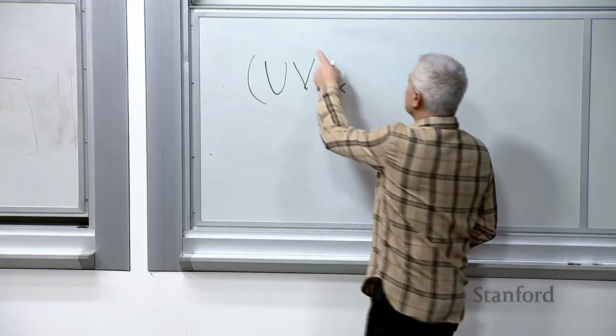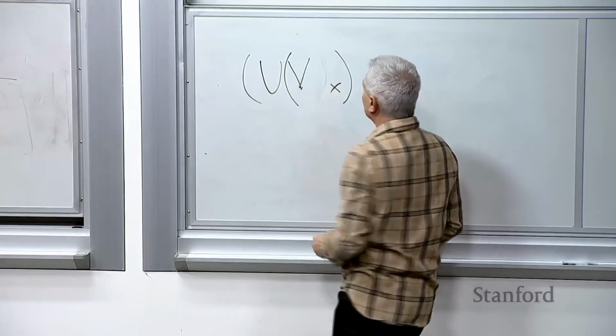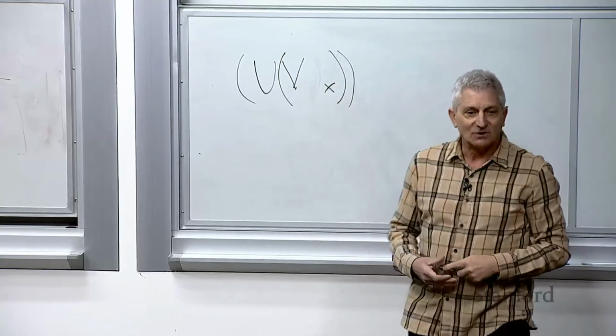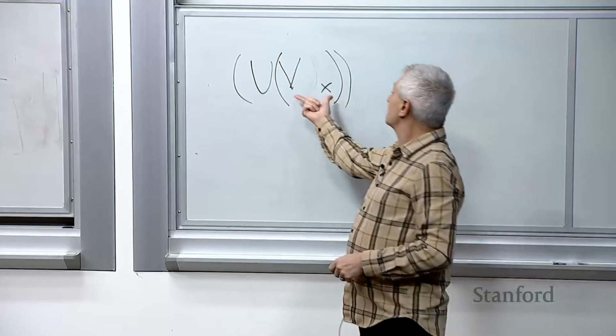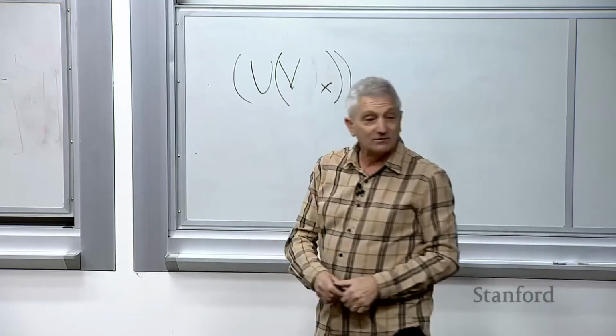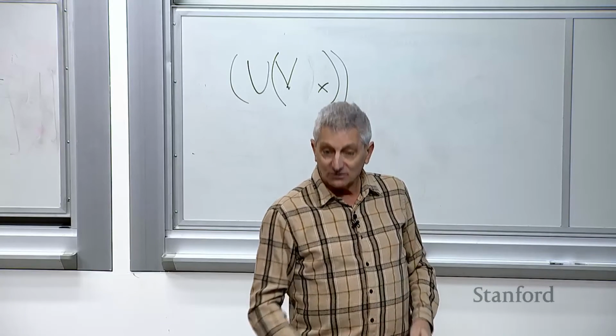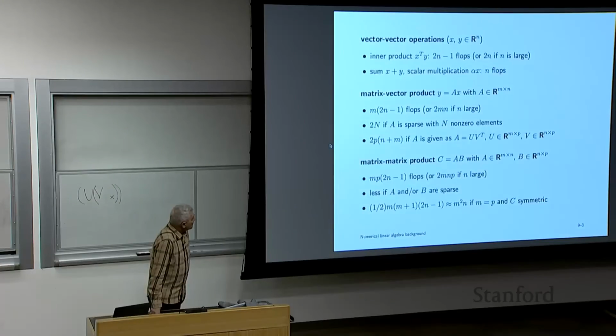But this is just silly. No one would do that. That's the right way. And then you work out what this one is, and then that one. So another very common structure is low rank. All right, that's good.